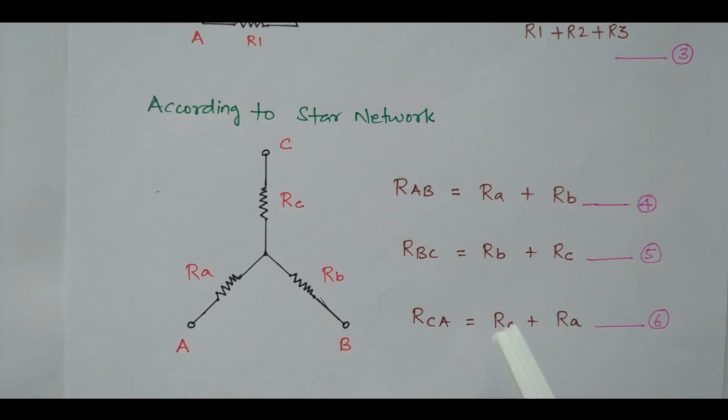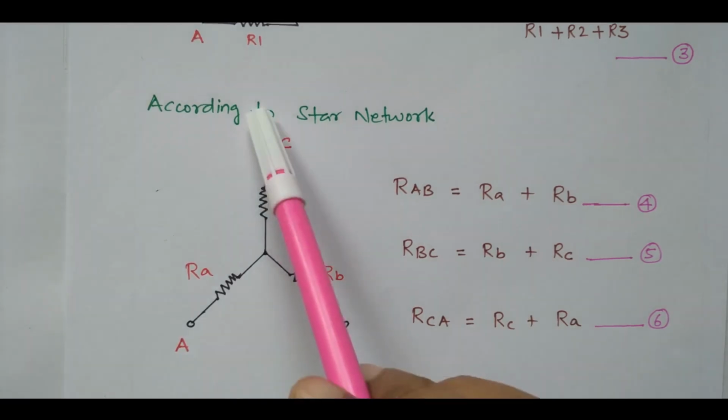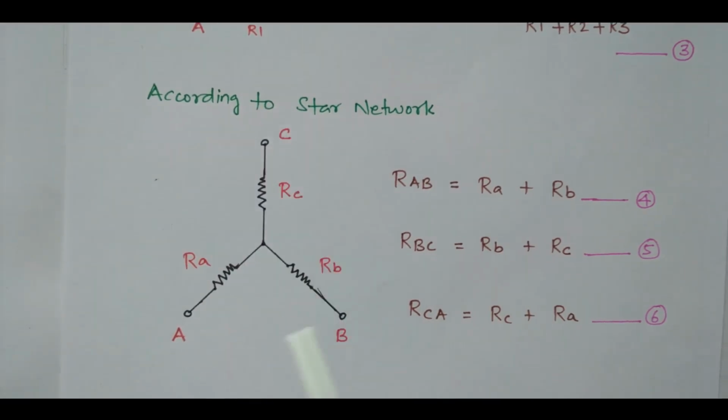Right? So now we found the expressions for RAB, RBC and RCA in the case of the star network also. The equations are equation 4, 5 and 6. Now we have 6 equations. The first 3 equations are based on the delta network. The next 3 equations are based on the star network. Right? I think you are able to understand this. RAB means RA and RB are connected in series. This becomes an open terminal, not considered.